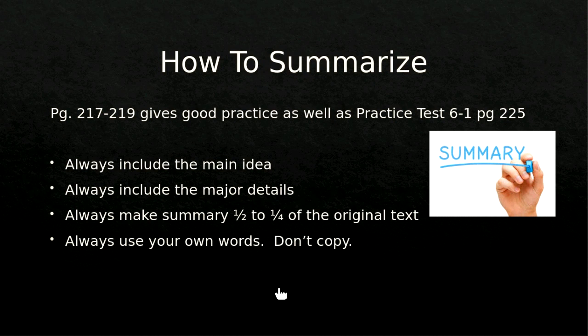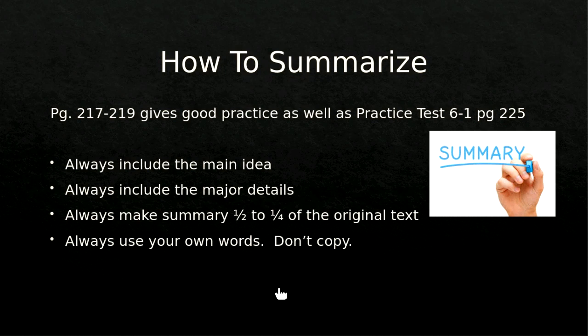For example, if my original text has 5 major details and each one has a couple of sentences about it, I can shorten it. I can put 2 major details into one sentence and maybe 2 other major details into another sentence. And so I'm shortening it, but I'm still including the major details.